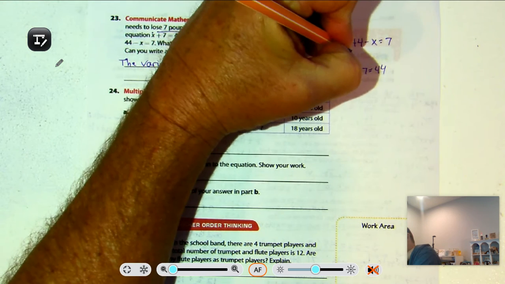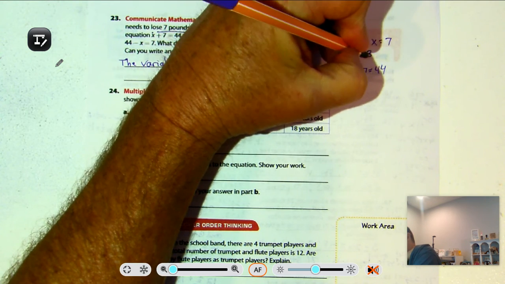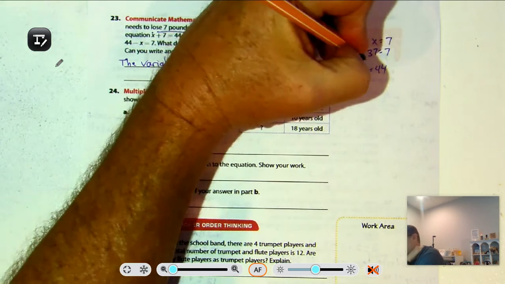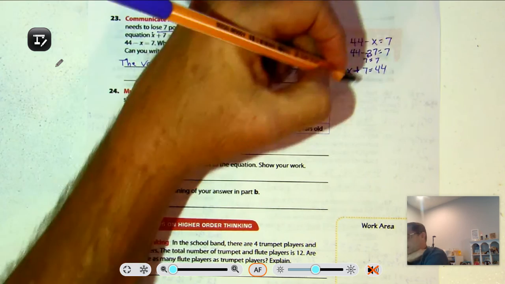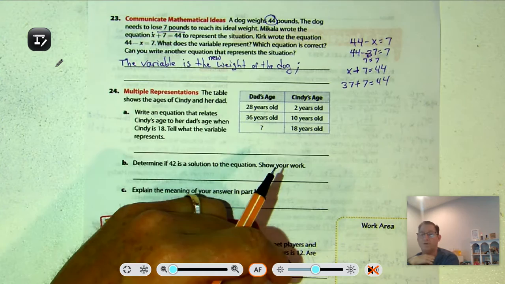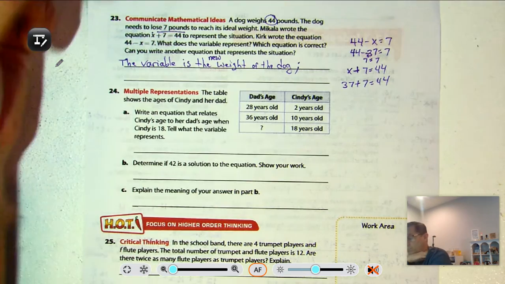If we say 44 minus 37, we would get 7, equals 7, right? If we put 37 and added 7, we'd get 44. So they both would work.